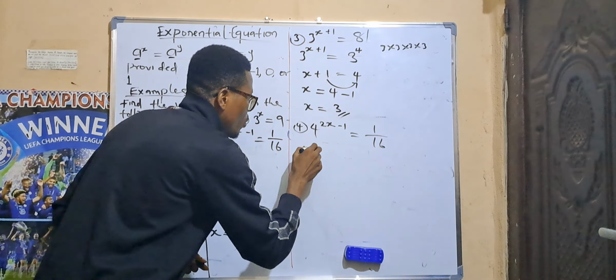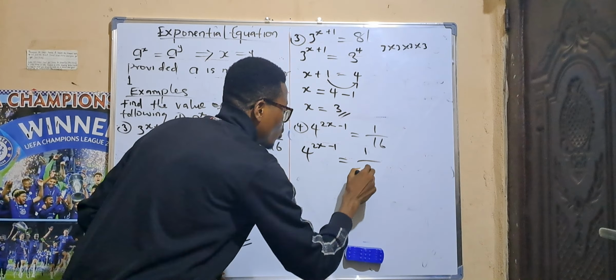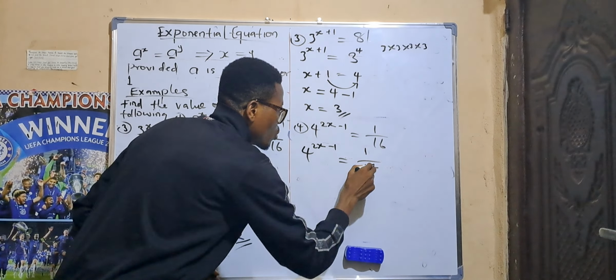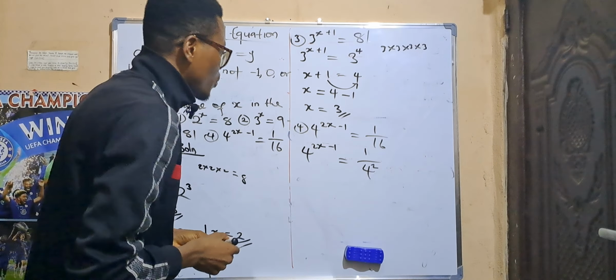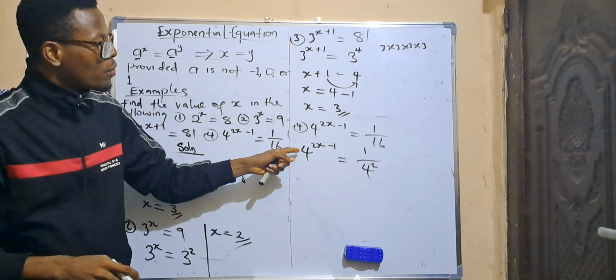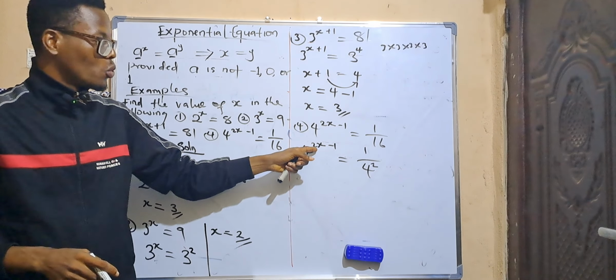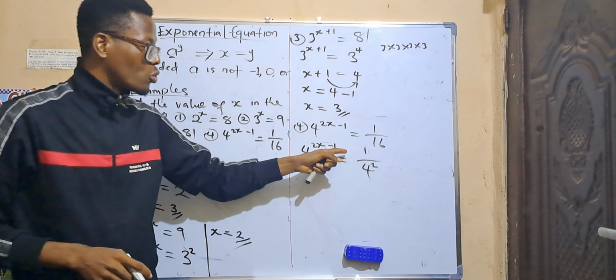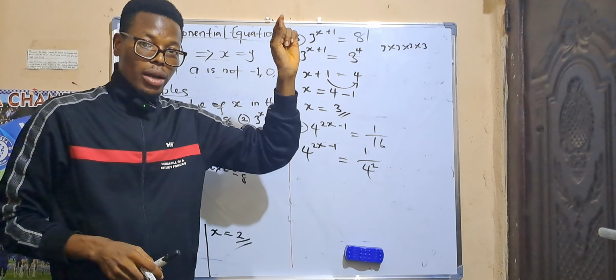Here we have 4 raised to the power of 2x minus 1 equal to 1 all over 4 raised to the power of 2. Now 4 raised to the power of 2 is the same thing as 16. But at this point, we can't equate the powers, we can't say 2x minus 1 equal to, because we've not yet gotten our power, right?